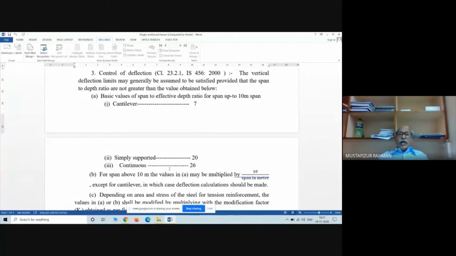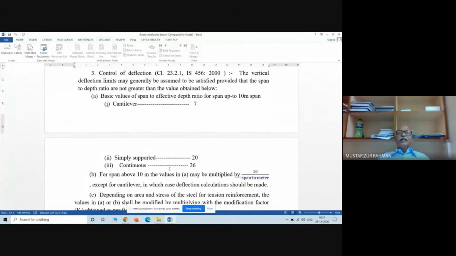Whenever load comes on the beam, there will be bending moment at different locations. There will be shear force at different locations, and because of the load acting gravity downward, there will be deflection at different points.